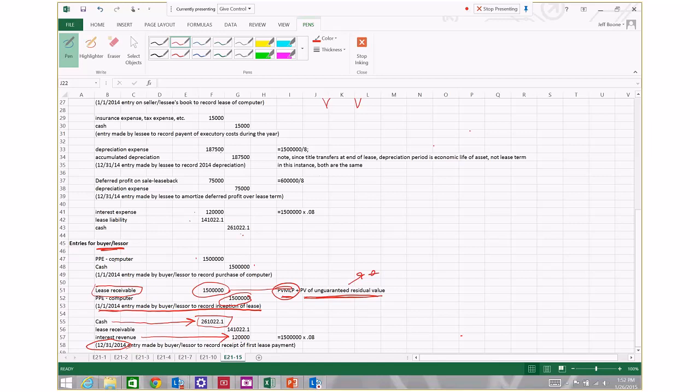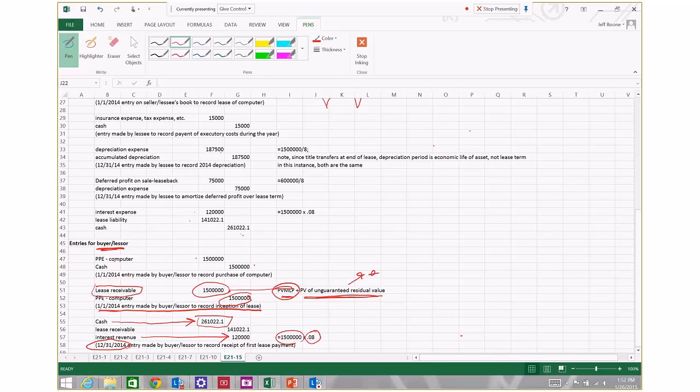And the way they're going to calculate that is they're going to take the carrying amount of their receivable at the beginning of the year, which is $1.5 million, and multiply it times their implicit rate in the lease agreement of 8%, and the result of the calculation is $120,000.